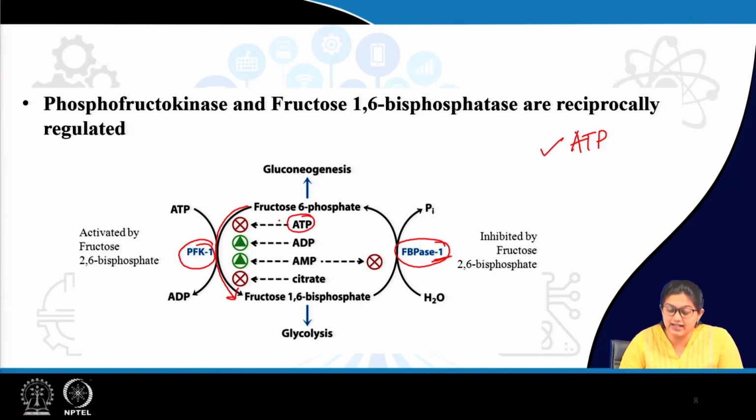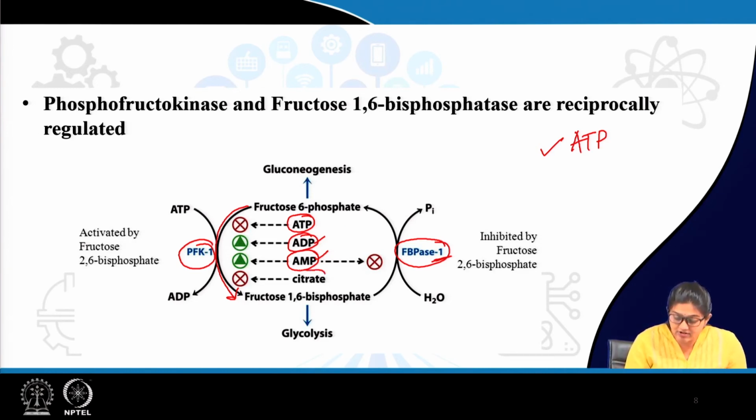Similarly, the presence of ADP or AMP, the hydrolyzed forms of ATP, signals the requirement of energy, meaning there is less ATP. So, what is required? Synthesis of more ATP via glycolysis. So, ADP and AMP activate phosphofructokinase 1. Similarly, these have the opposite effect over fructose 1,6 bisphosphatase.